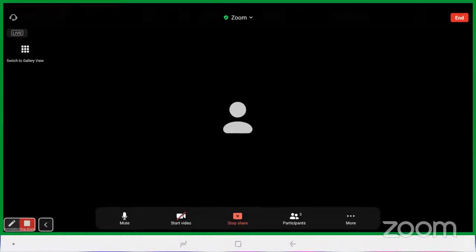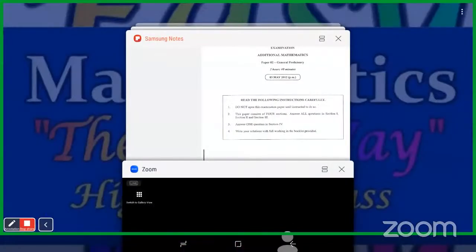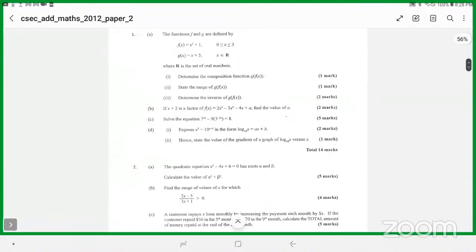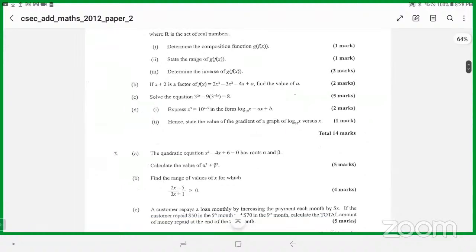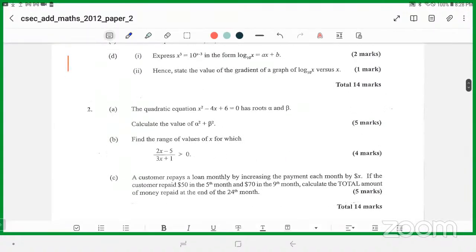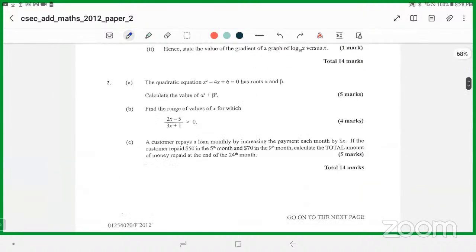Oh. All right. Okay. All right. APGP. Here's an APGP. 2012. This one. Now we're doing the APGP questions, right?